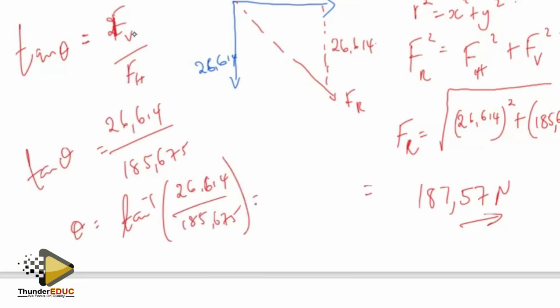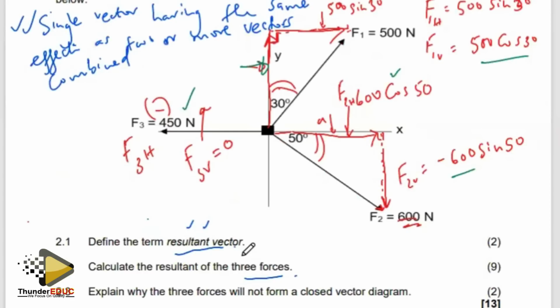Okay, so punching that into the calculator, where is my tan? Okay, so 26.614 over 185.675. I'm getting 8.15 degrees. So this is the resultant force at that angle. So that is how we would have obtained those 9 marks.